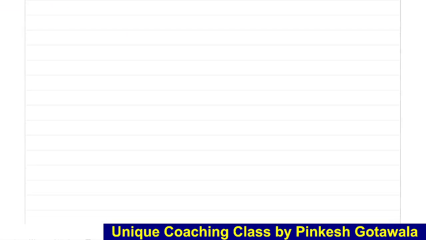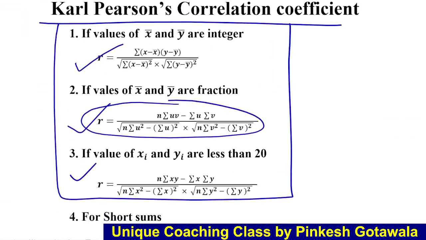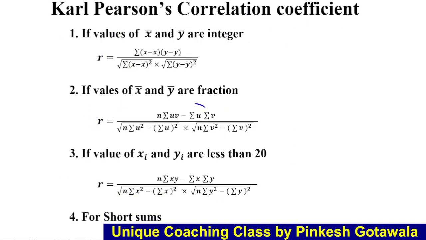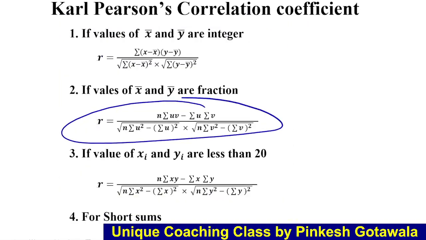Normally many professors and teachers suggest that you always go with this second formula. Always, in every sum, forget this heading. Most people say to forget this heading and apply the UV formula in every sum. You will get the answer. It is right, not wrong. But I suggest that you go with this heading.